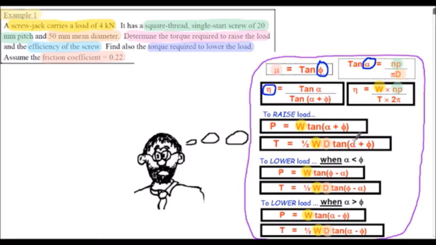Having calculated the alpha and phi values, we can find the torque required to raise the given load W, and of course we can then calculate the torque required to lower the load, given that alpha is less than phi, which we will determine from our calculations. I'd encourage you to stop the presentation and attempt example 1, but a full worked solution is shown on the following slides.